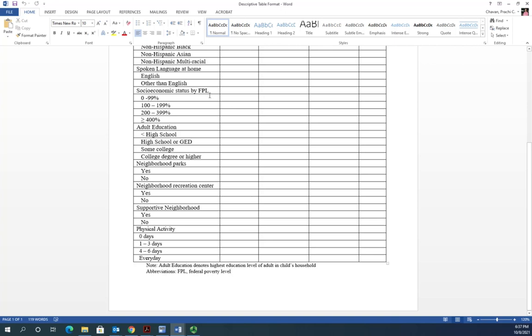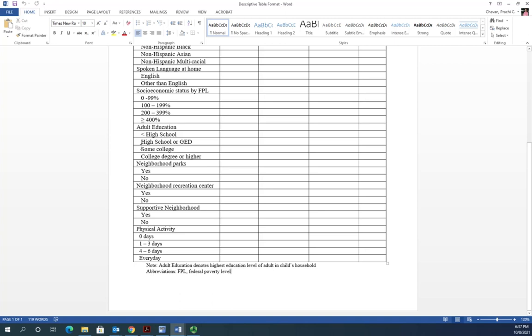And also I have used an abbreviation over here, which is socioeconomic status by FPL. Now FPL stands for federal poverty level. So the people who are reading the paper will know that FPL stands for federal poverty level. Now you will see there is another abbreviation in here, which is GED. And why have I not included GED?